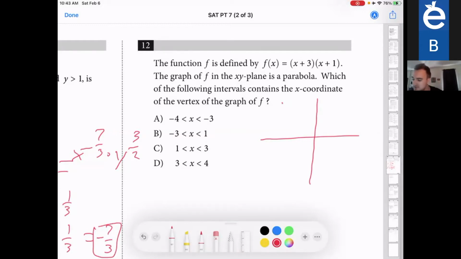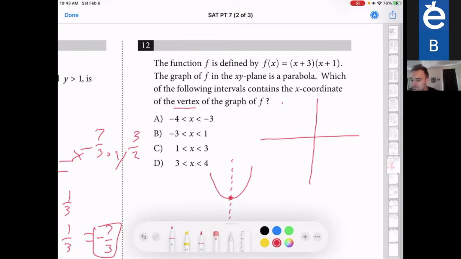But we know that this vertex that they're talking about is like the bottom of, if our parabola kind of looks like a U shape, right? It's the bottom of that parabola. And if my parabola looks like this, my vertex is here, right? That's like this nice line of symmetry where I could fold my parabola in half, and it would meet perfectly right at the vertex.